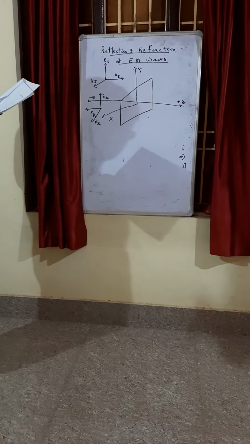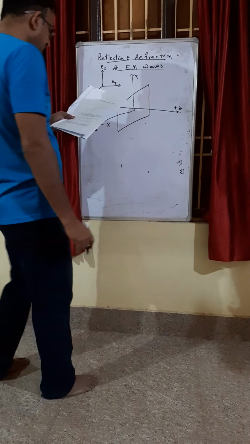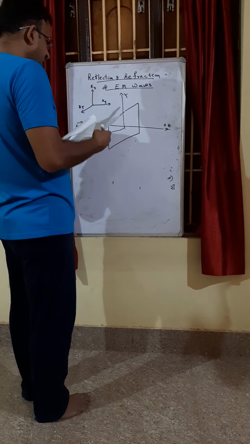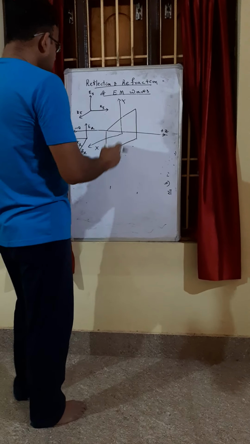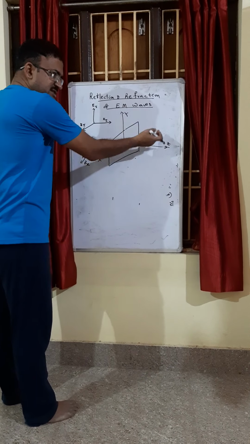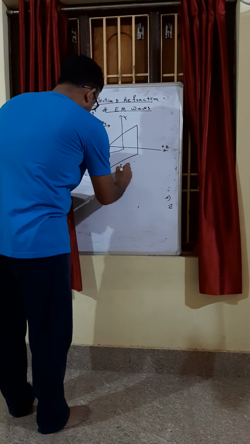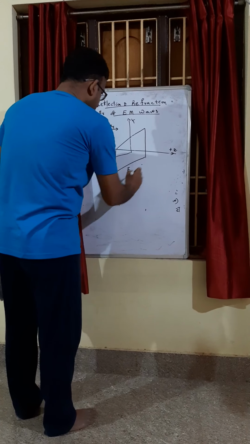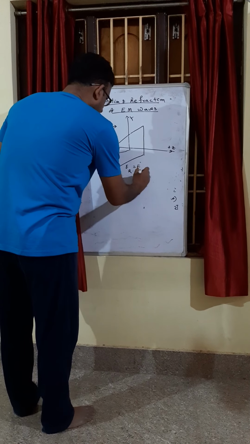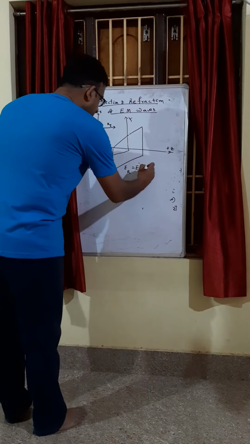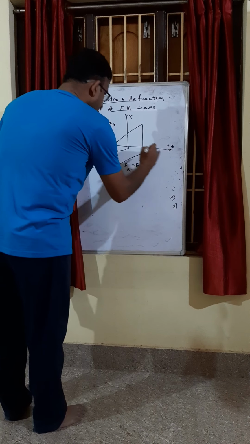So how to write the expression for the electric field for the reflected wave? You can write it by simply changing z to minus z. Let me write the electric field, this is the reflected component, and this is the amplitude of the electric field for the reflected part, then e to the power i.